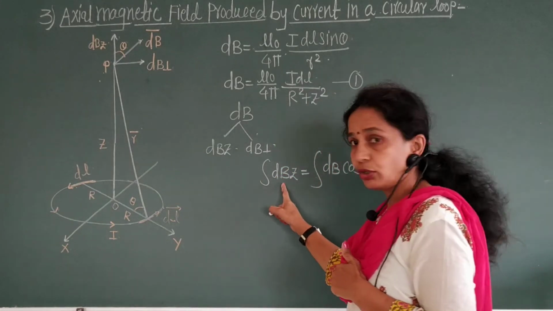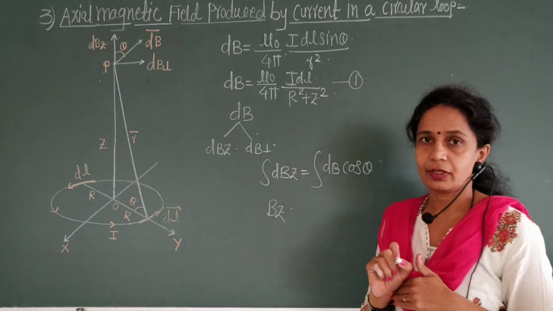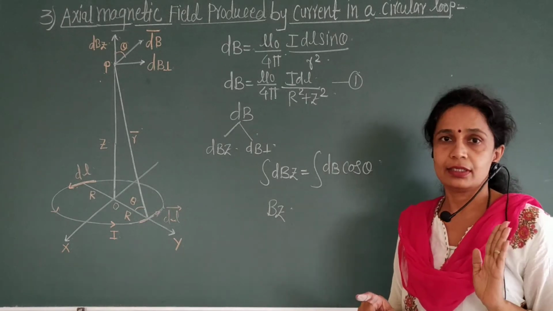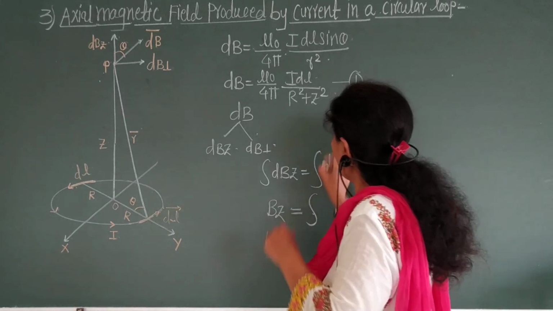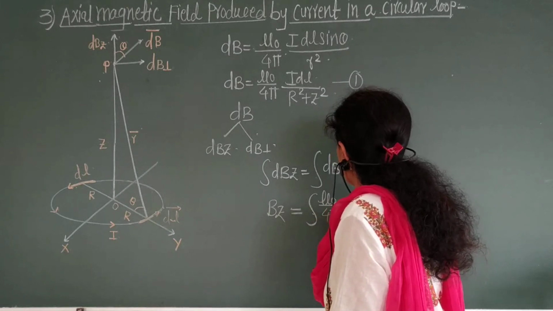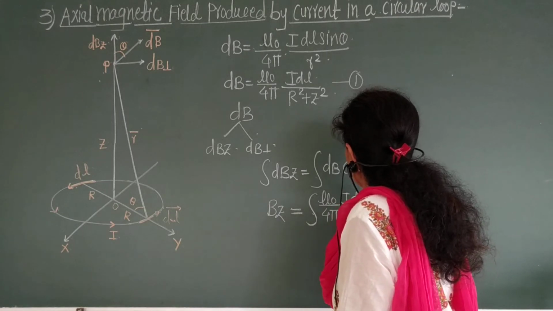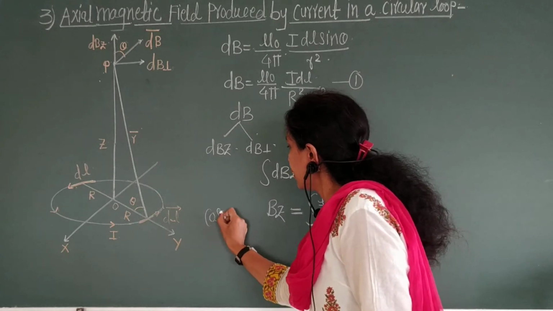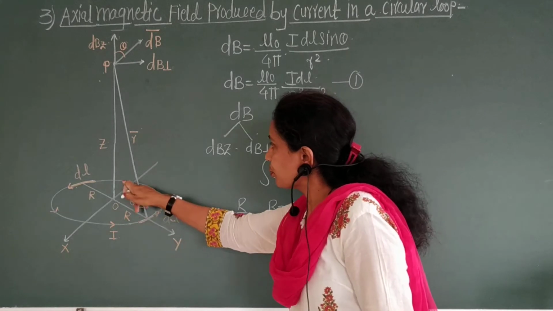The integration of dBz is Bz, because the net magnetic field is due to only the z component. Therefore, Bz is equal to the integration of, putting the value of dB, mu 0 upon 4 pi, I dl upon R square plus z square. What is the value of cos theta? Cos theta is equal to capital R upon small r.